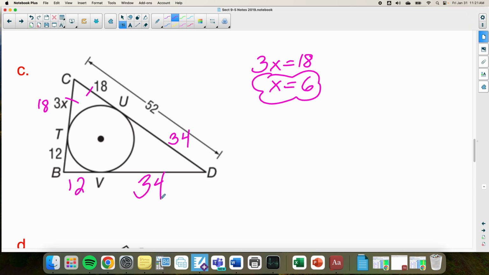All right, then to find the perimeter around, 18 plus 18 is 36, 34 plus 34 is 68, 12 plus 12 is 24, 60 plus 68 is 128.